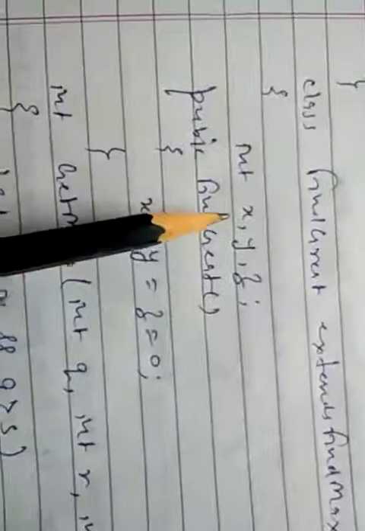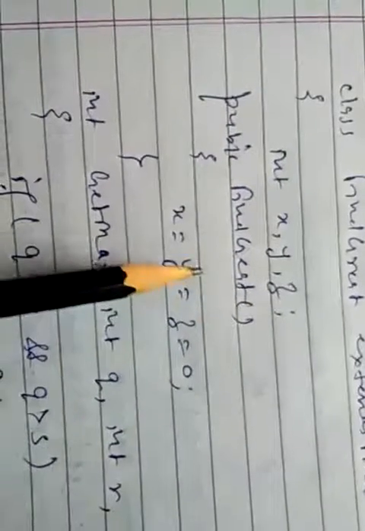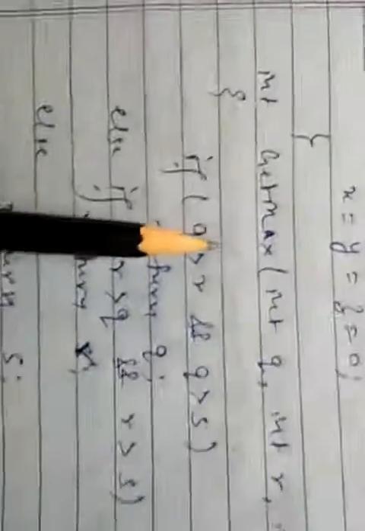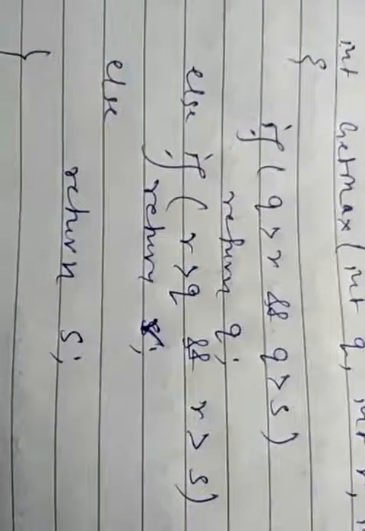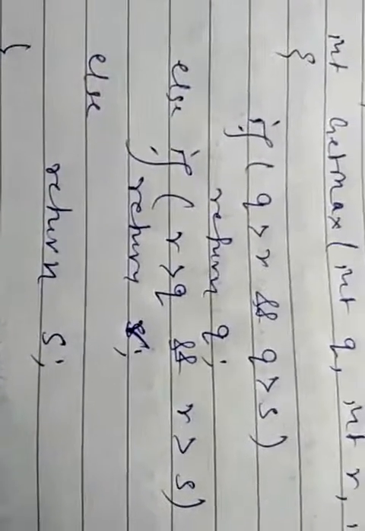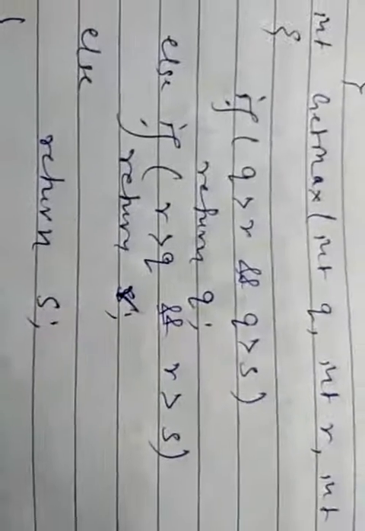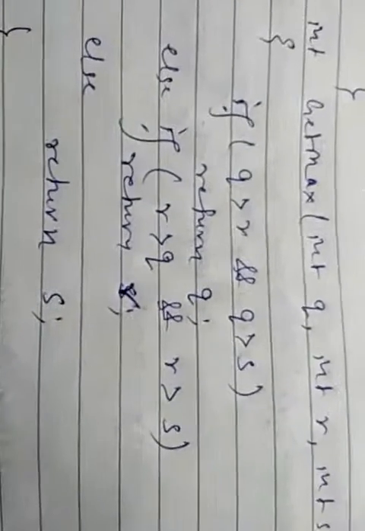Here are the three variables x, y, z. This is the constructor of the derived class, and this is one of the functions given in this question, with integers q, r and s as passed variables. Here we are finding the greater number between three, that is q, r and s.